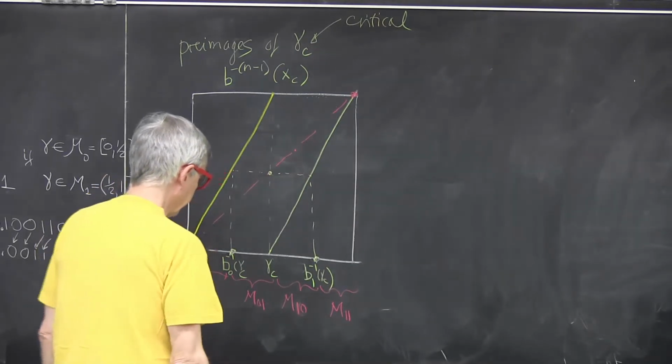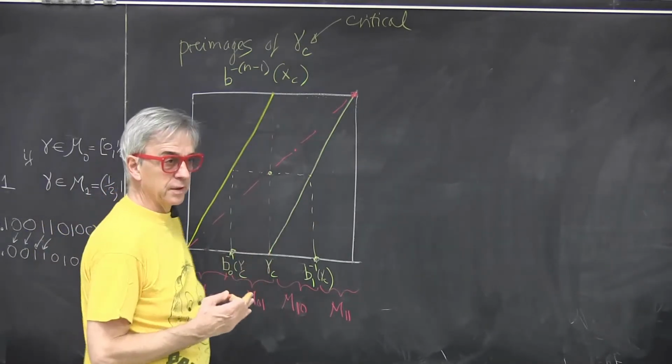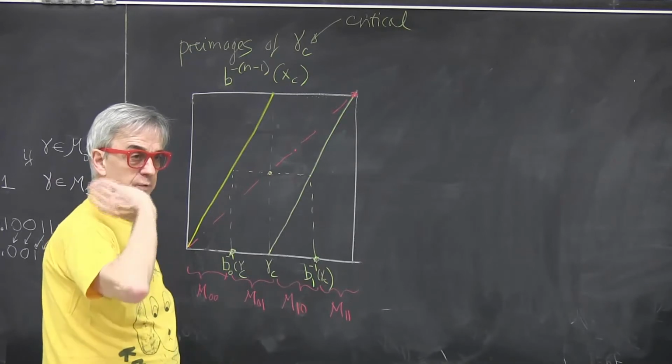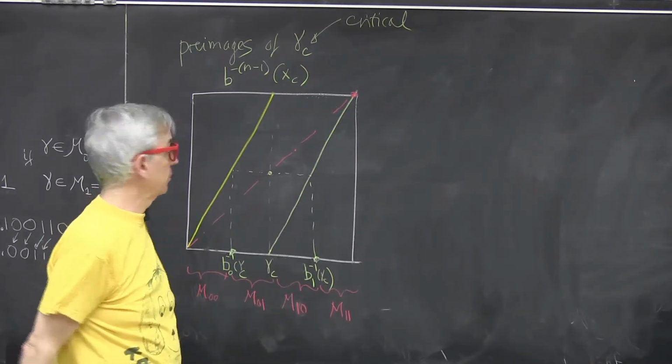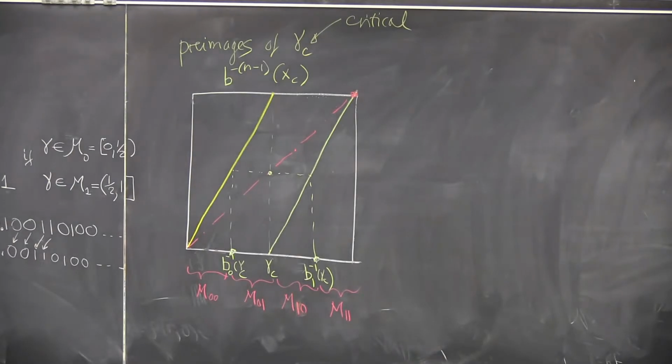So now what I see is that the pre-images of the critical point act like a knife. The critical point is a sharp thing that actually divides. When you think about this map, what you do is you take an interval, you stretch it by a factor of 2. That's this number 2. And then you say, okay, let me cut this thing in half, and I overlay leaf upon leaf.